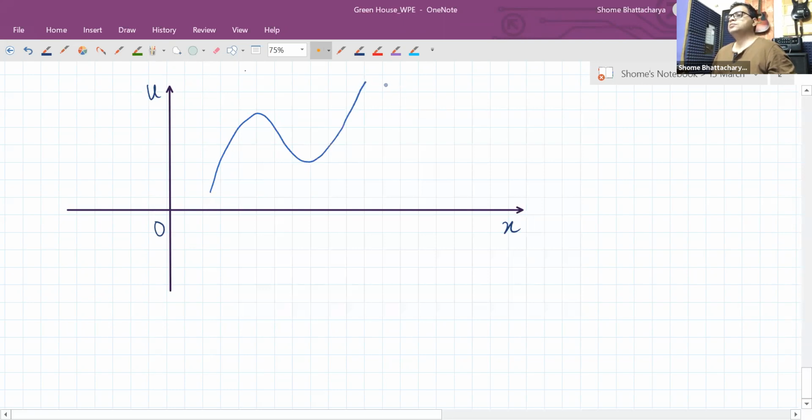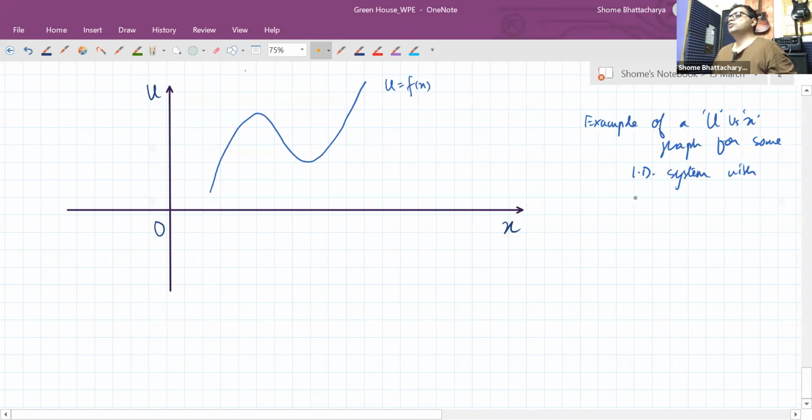So suppose this is some example of a potential energy graph for some system with only conservative force.